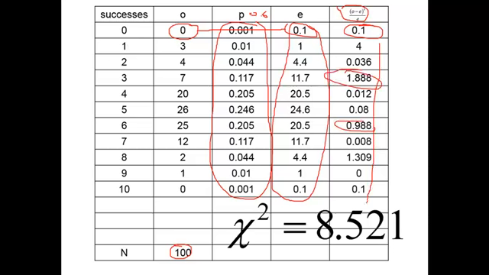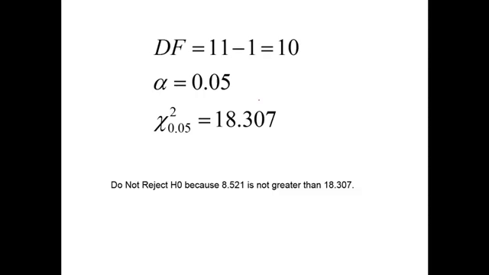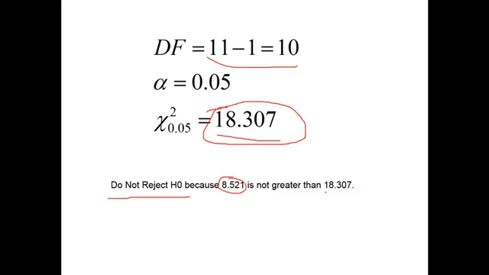I then added those up, and this is the amount that my 0.3 data was out of line with my 0.5 probability on the binomial, right? I did the table lookup and got a critical number of 18.307, but I can't reject because the amount out of line is not greater than 18.307.